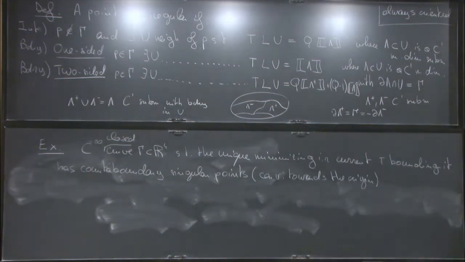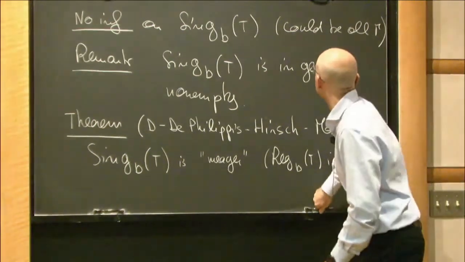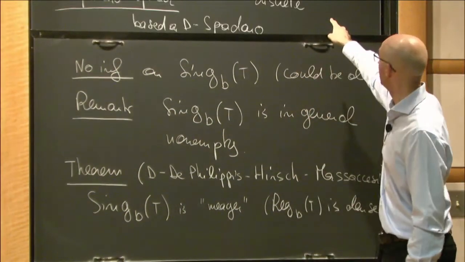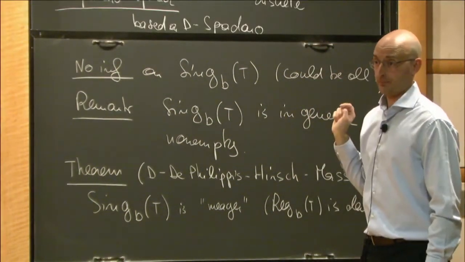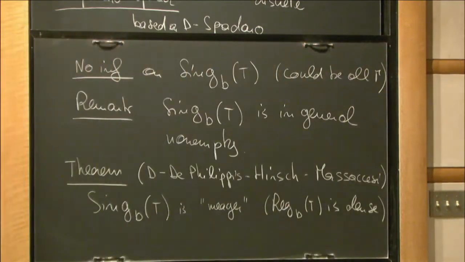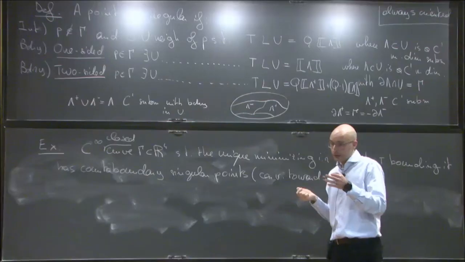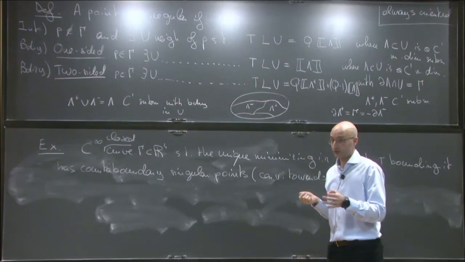And this tells you that the theorem of Chang, that the singularities are isolated at the boundary, cannot be correct. Because this example has, in the origin, a boundary singularity which is not isolated.